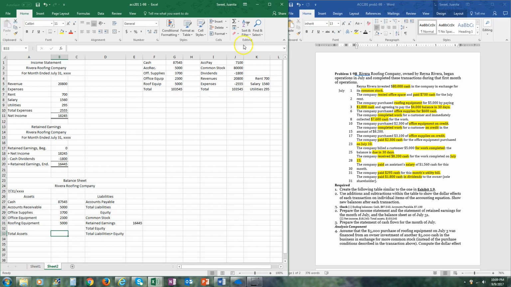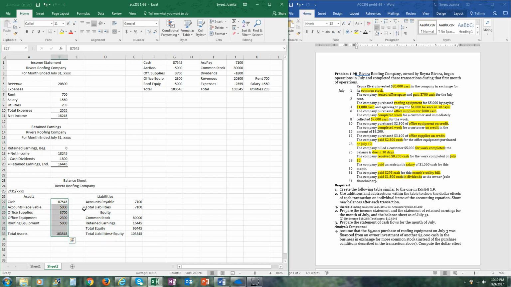We add our total assets, and we're looking for $103,545. On the other side, liabilities, accounts payable was $7,100, and that equals our total liabilities. Equity, our common stock was $80,000, so our total equity is $96,445.